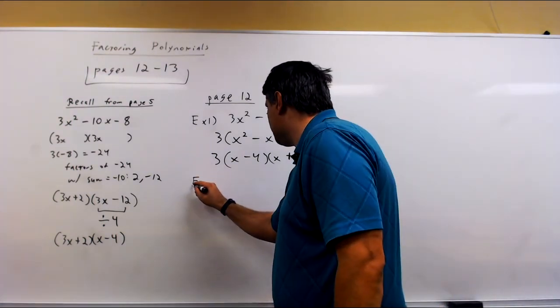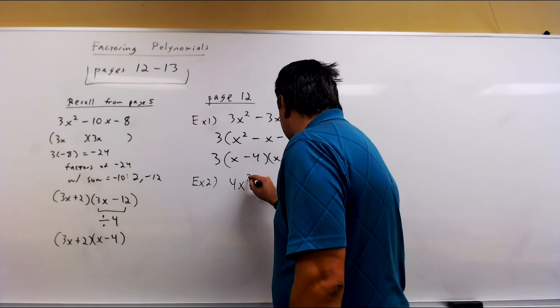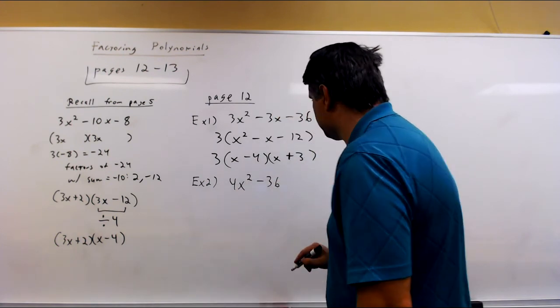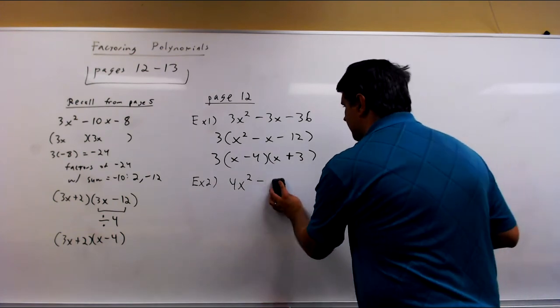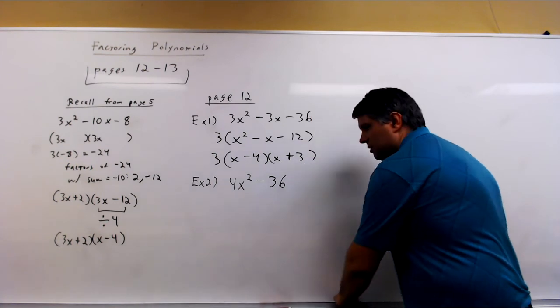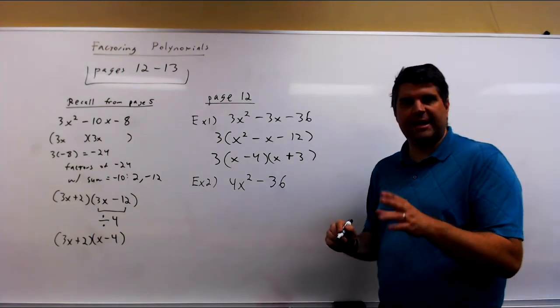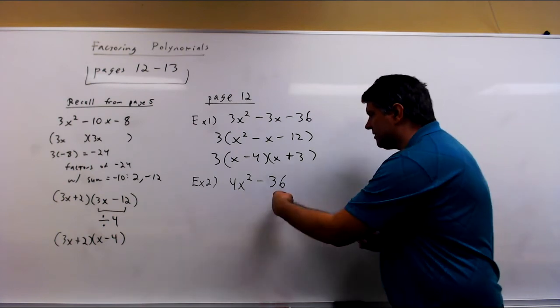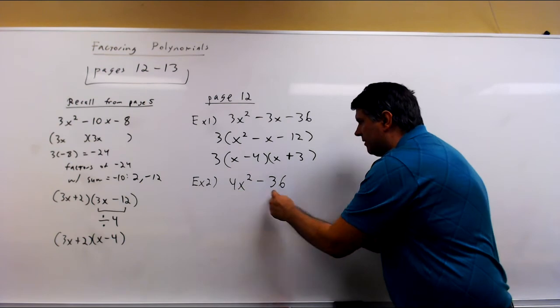Okay, example 2. I have 4x squared minus 36. I don't like how it looks on my computer screen, so I'm going to exaggerate. Try to make it look more notable. Now, some of you might be thinking difference of squares: 2x plus 6, 2x minus 6. But before you do that, always take out the common factor 4.